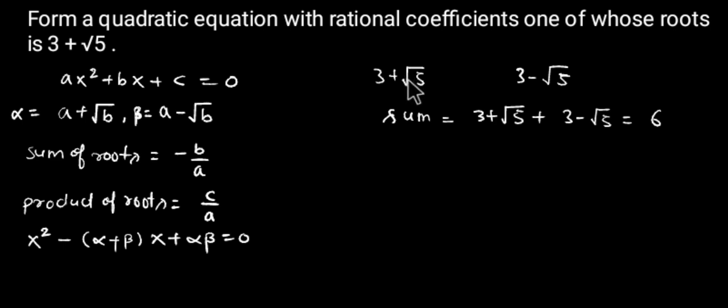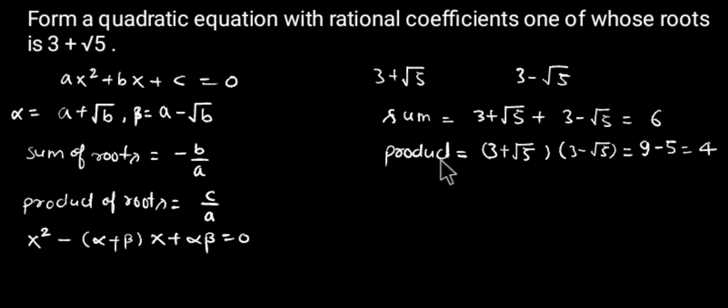The sum of the roots will be 3 plus root 5 plus 3 minus root 5, which gives us 6. Then I find the product of the roots. The product of these two terms gives us 4. So the sum of the roots is 6 and the product of the roots is 4 for the required quadratic equation.